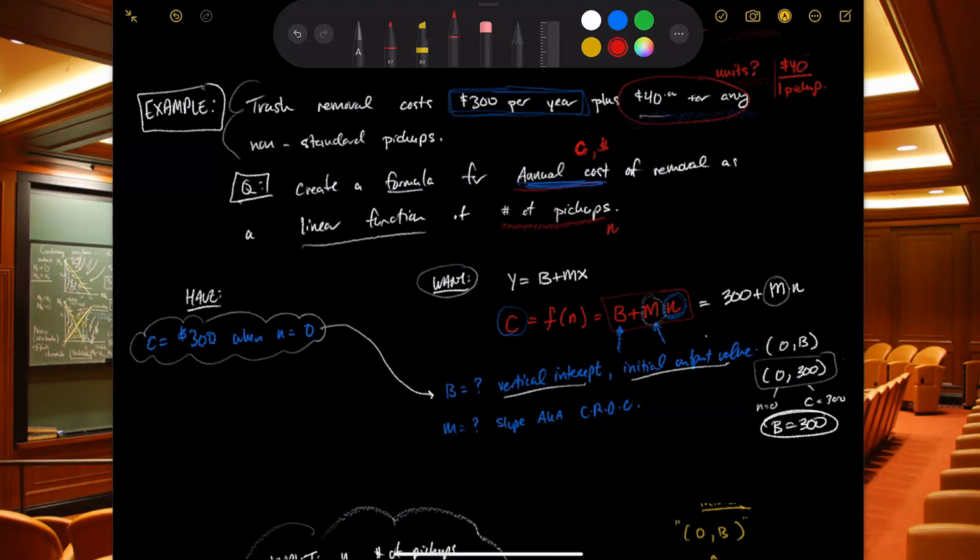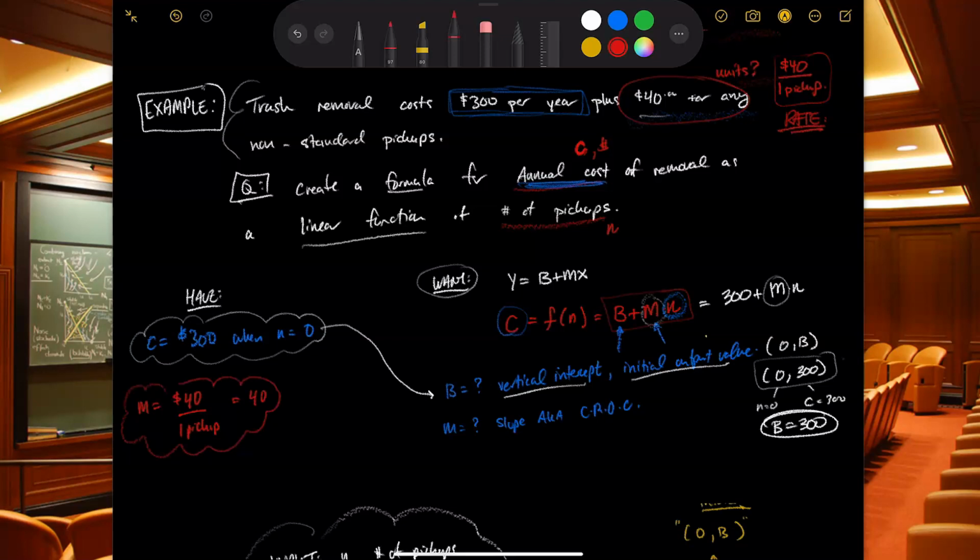This is a rate, a comparison of one unit to another. So dollars per pickup. This is actually my slope right here. This is my constant rate of change. It's changing the output $40 per one pickup, and numerically it's just 40.